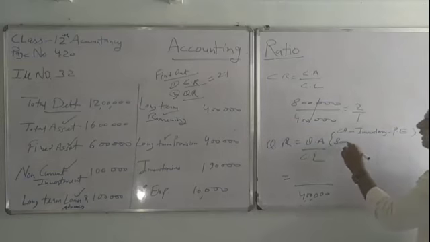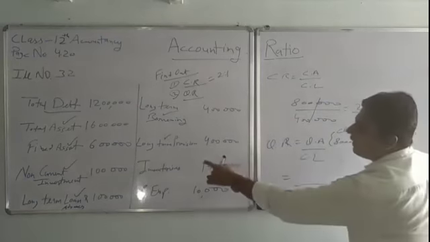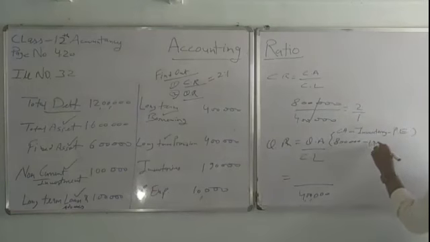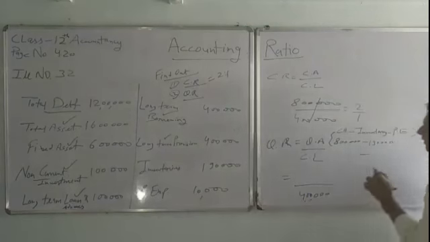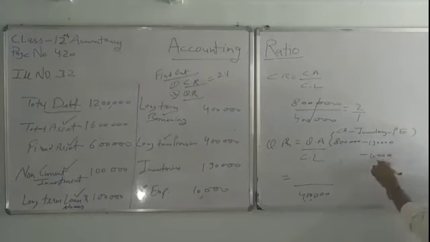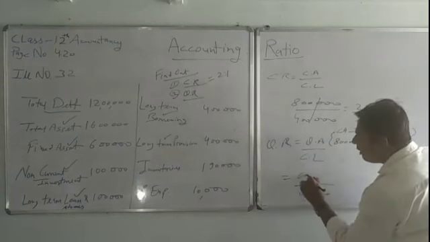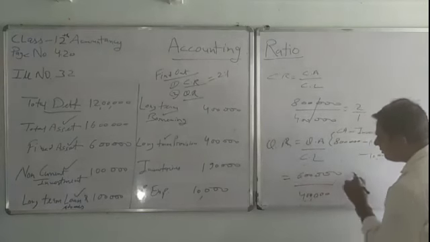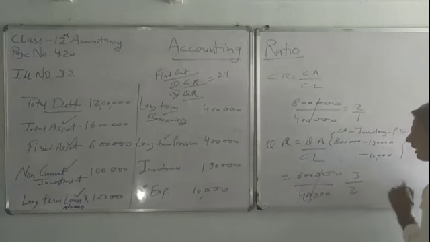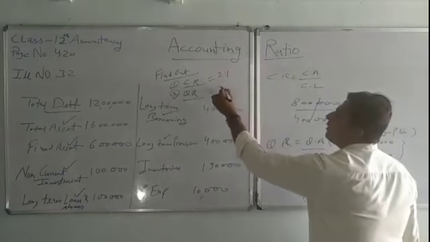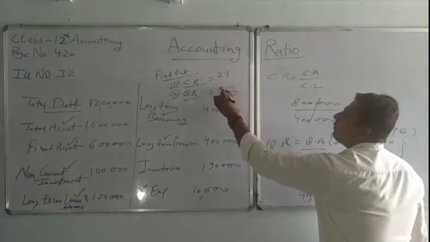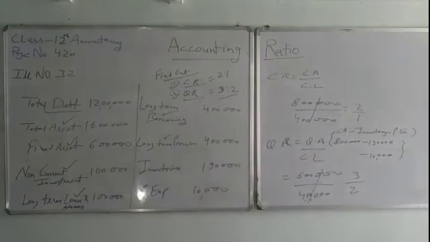So 8 lakh minus inventory 1,90,000 minus prepaid expenses 10,000. 1,90,000 plus 10,000 is 2 lakh. 8 lakh minus 2 lakh is 6 lakh. So our quick asset will be 6 lakh. If I cut it, 3:2, so our quick ratio is 3:2. Got it by everyone? Very simple.